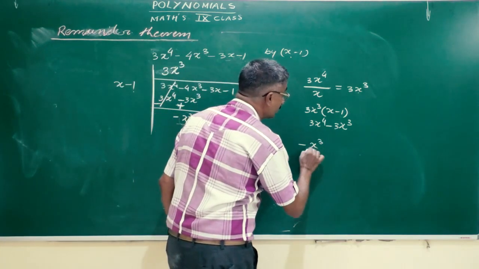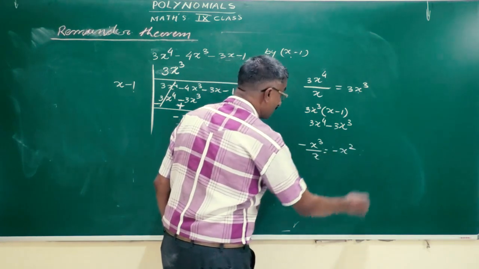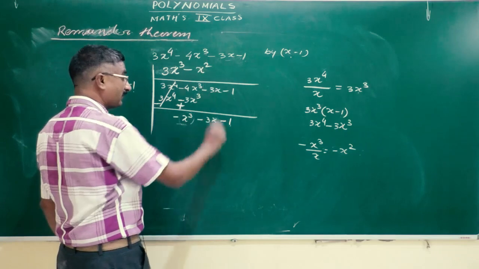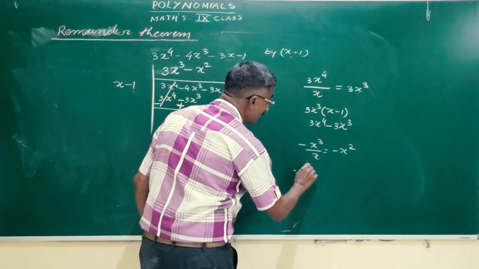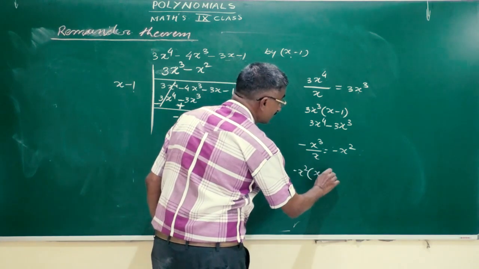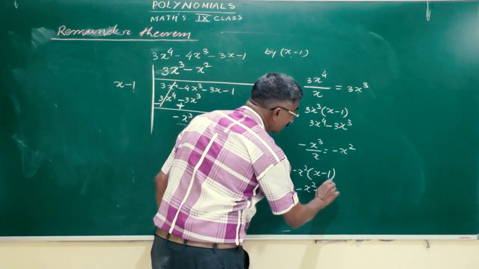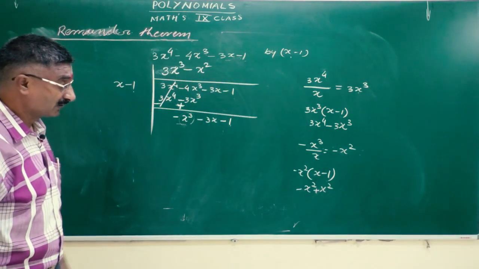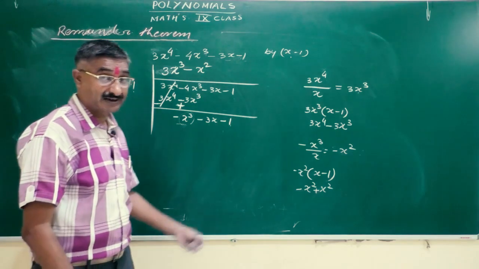So minus x cube divided by x is equal to minus x square. So immediately I will write down here minus x square. Minus x square is multiplied by x minus 1. So this is minus x cube plus x square. Again minus minus plus, so minus x square into minus 1 is equal to plus x square.